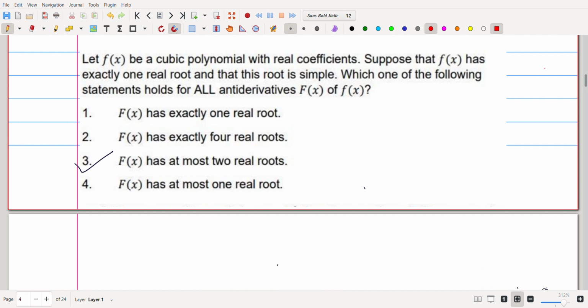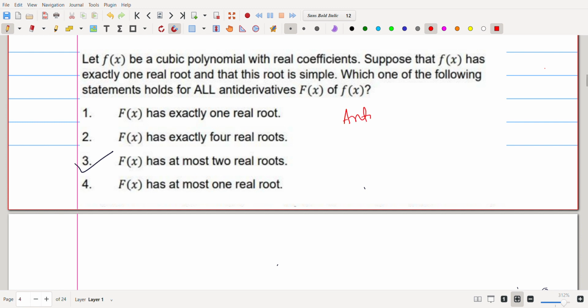So let f(x) be a cubic polynomial with real coefficients, and suppose that f has exactly one real root and that root is simple. Then which one of the following statements holds for all antiderivatives capital F of f(x)?